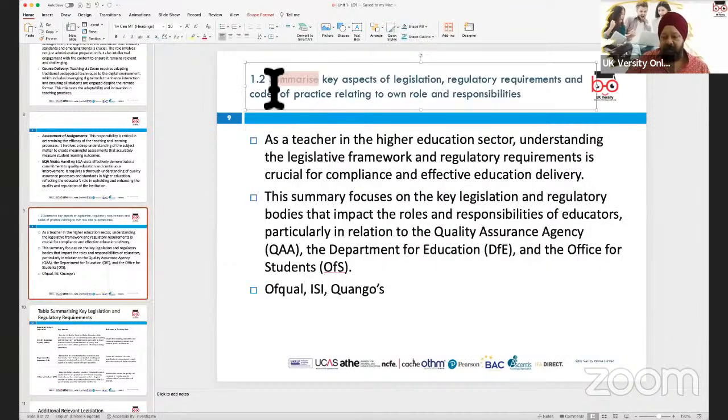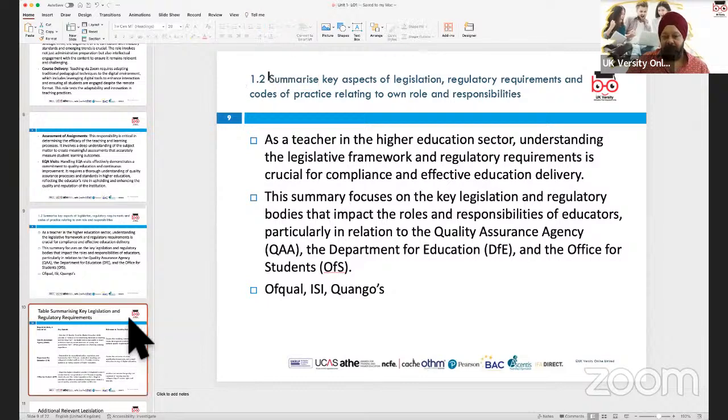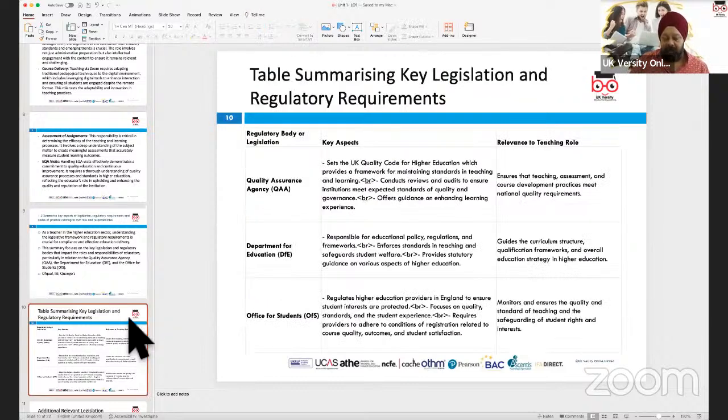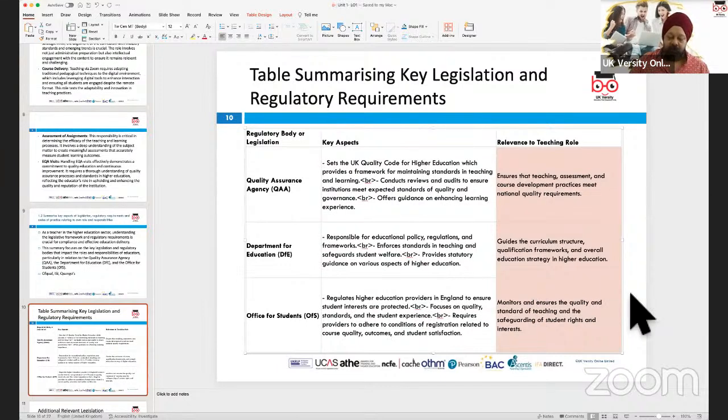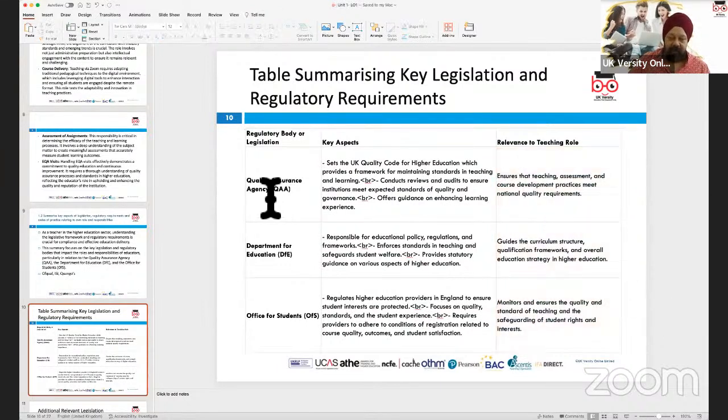I don't want to be writing and documenting a lot of things, but what I want to be able to do is relate it to my day-to-day role, and sum up some of the key aspects on one table and then relate it to how they are relevant to my teaching role. And that would be good enough in order for us to hit this assessment criteria.